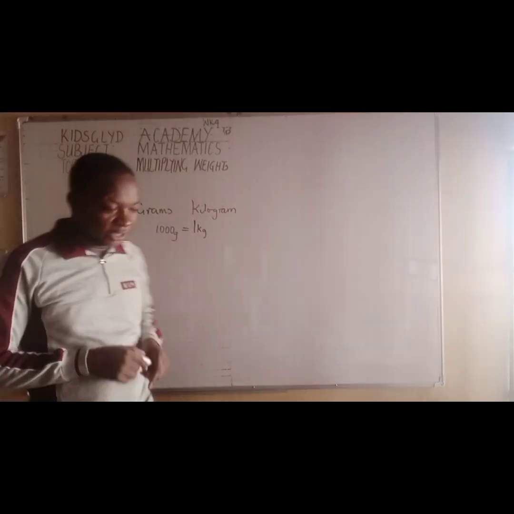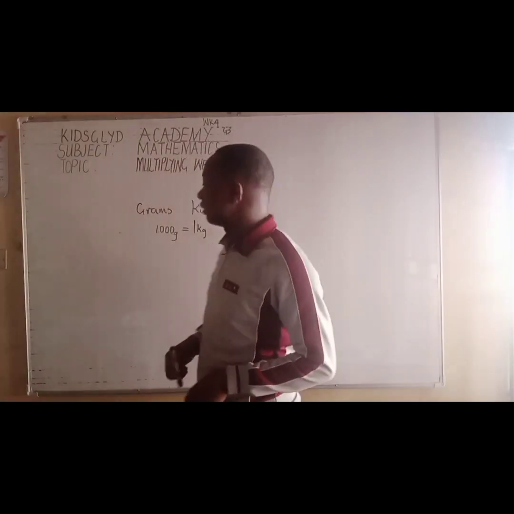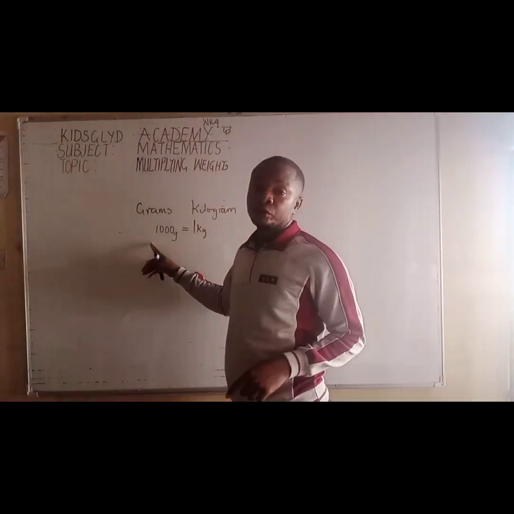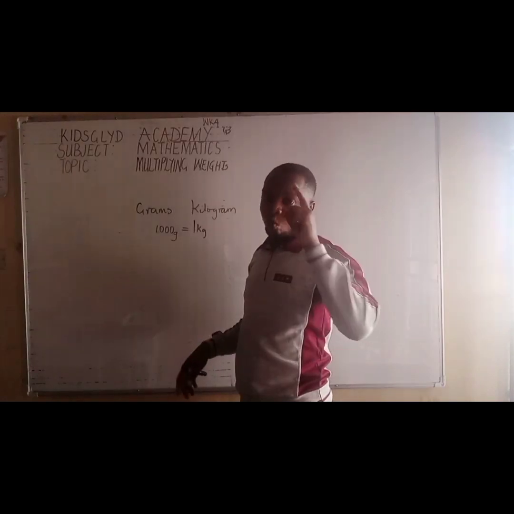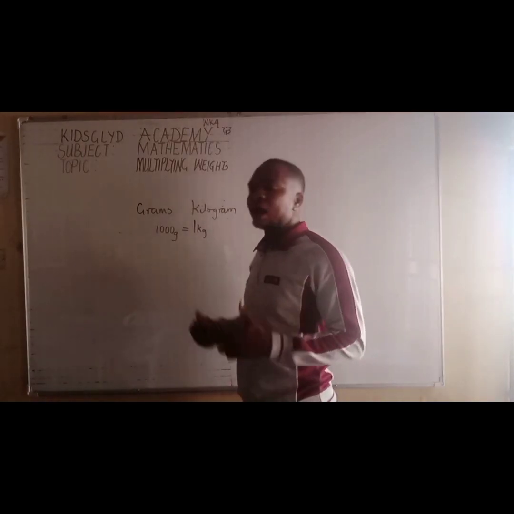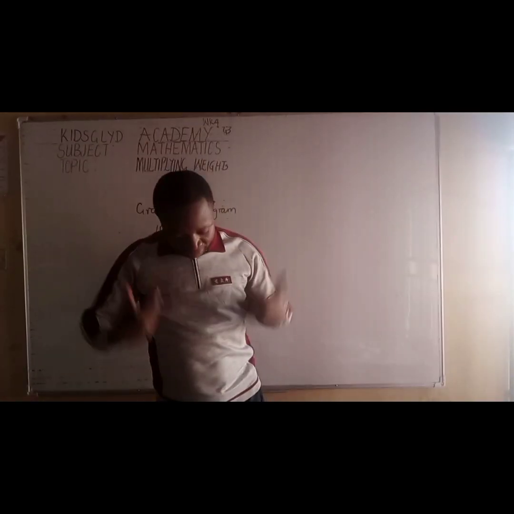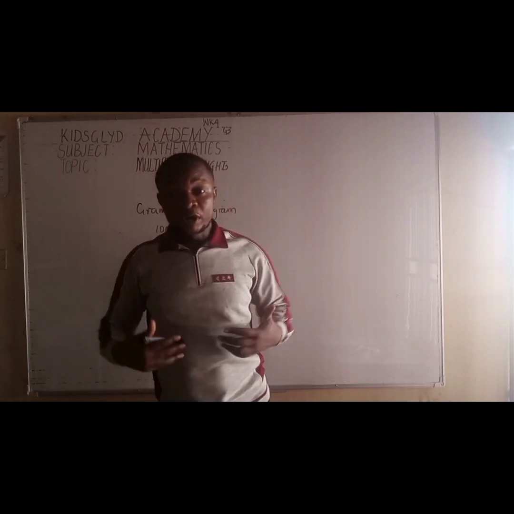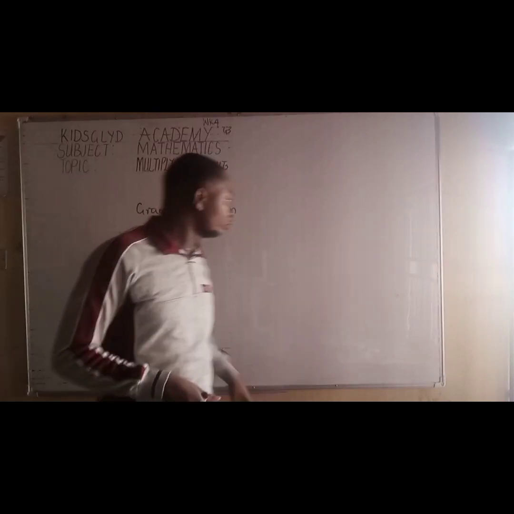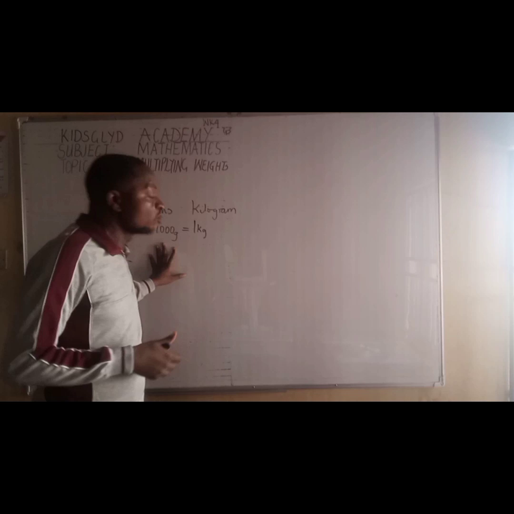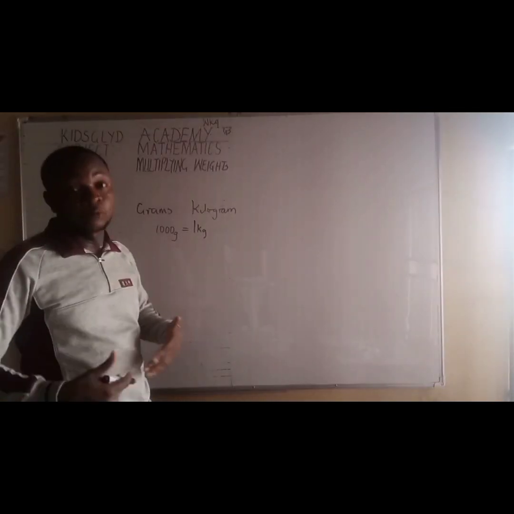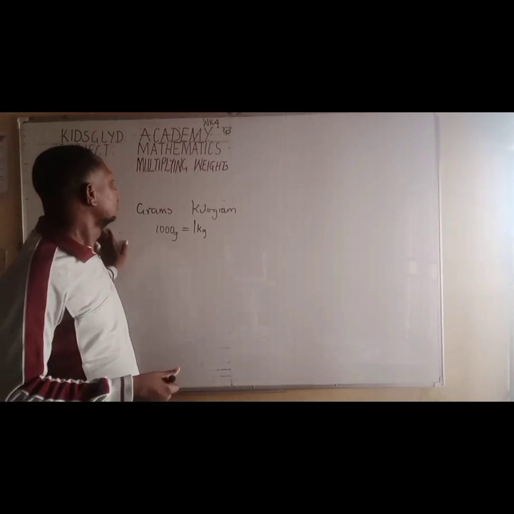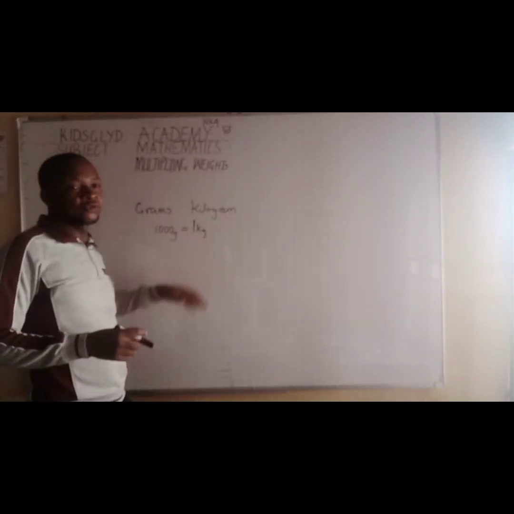That means before you say I have 1 kilogram of something, it should be up to 1,000 grams. Example, before I can say I weigh up to 1 kg, I should weigh up to 1,000 grams.